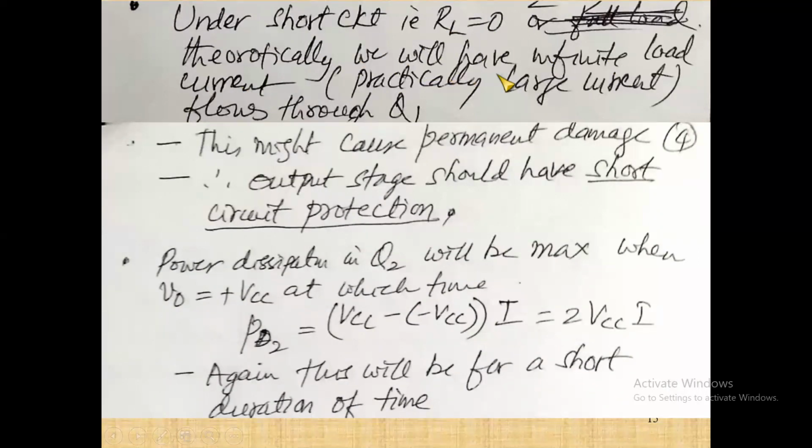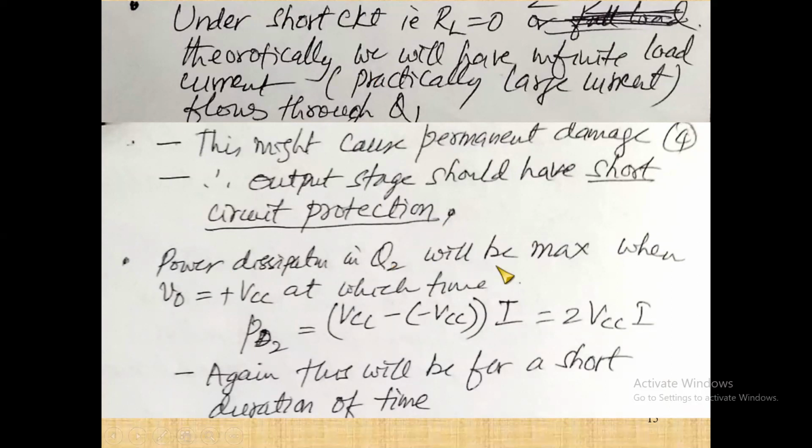But practically, because of the output resistance present for the emitter follower, the load current will be very large, which flows through Q1. This might cause permanent damage to the transistor Q1. Therefore, the output stage should have short circuit protection so that it is never shorted.